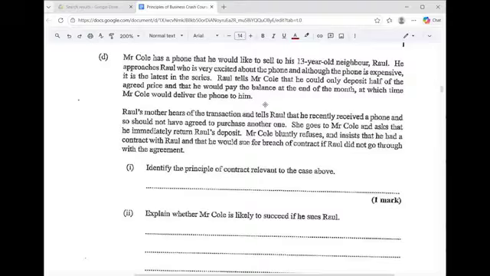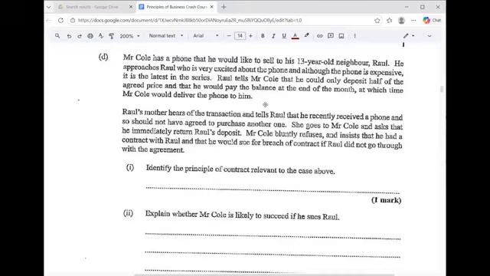Rahul's mother hears of the transaction and tells Rahul that he recently received a phone and so should not have agreed to purchase another. She goes to Mr. Cole and asks that he immediately return Rahul's deposit.